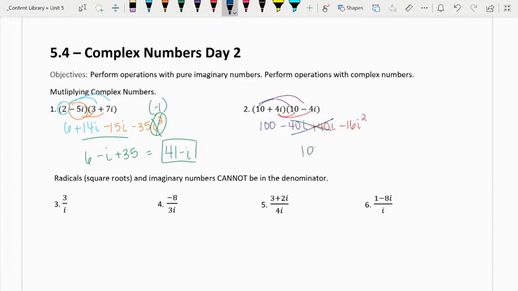You're left with 100 and then minus 16i squared. So remember, the i squared becomes a negative 1. So we really just have to change the sign. Final answer would be 116. Okay, there's no i's, so you don't have to write it. You could put plus 0i just like you could put plus 0x, but it's not necessary.